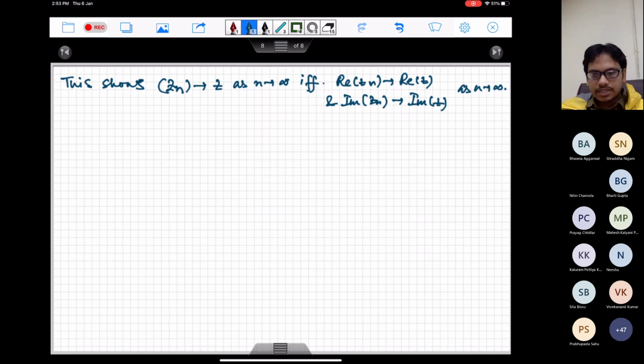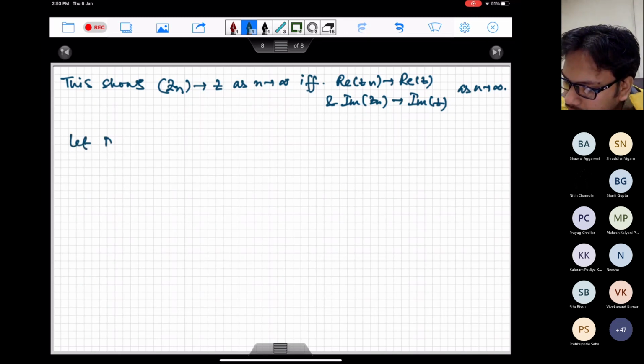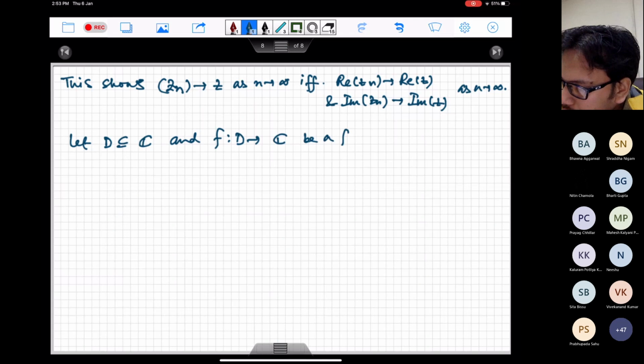Okay, so for example, let D be a subset of C and let f from D to C be a function.